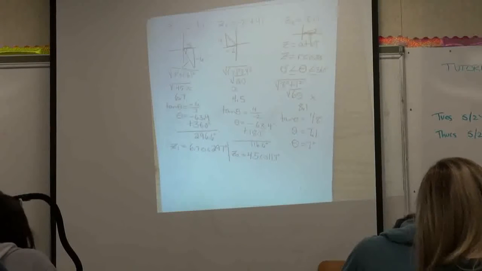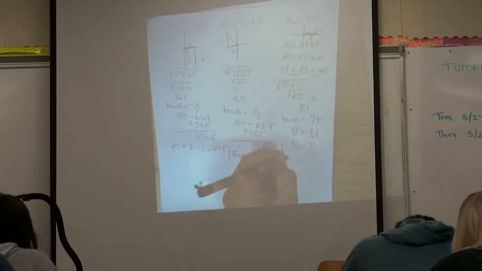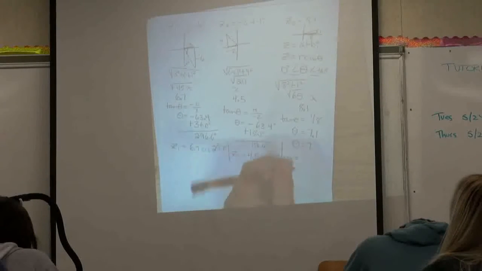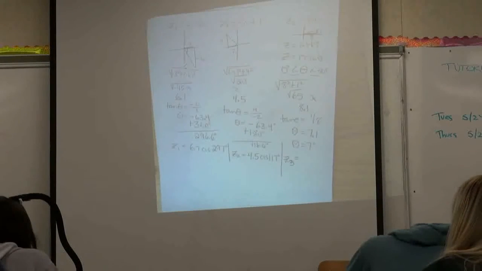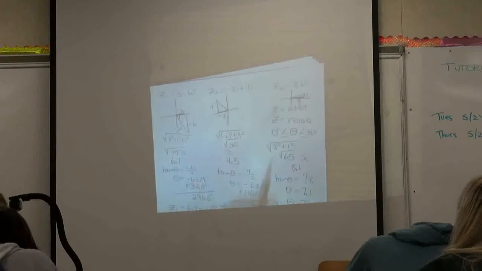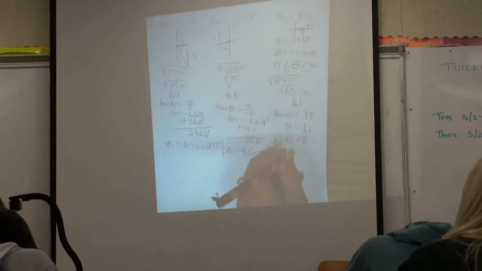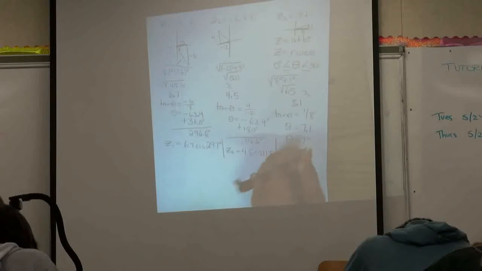7. And so now you have that Z3 in rectangular form, 8 plus i. In polar form, 8.1 cis 7 degrees.